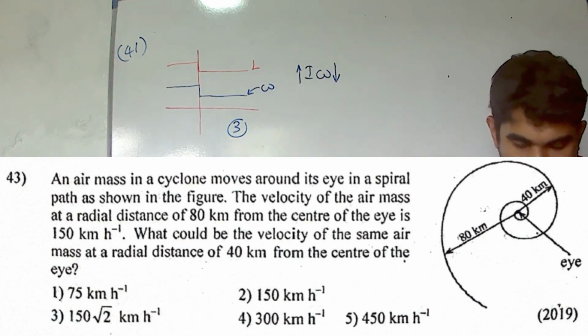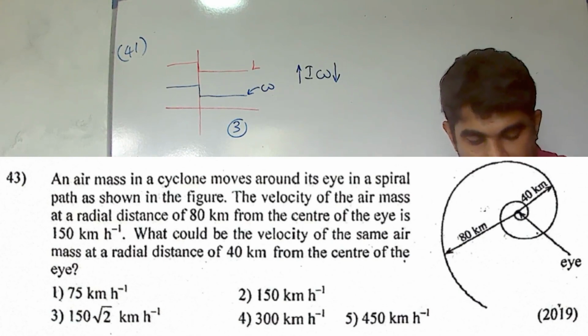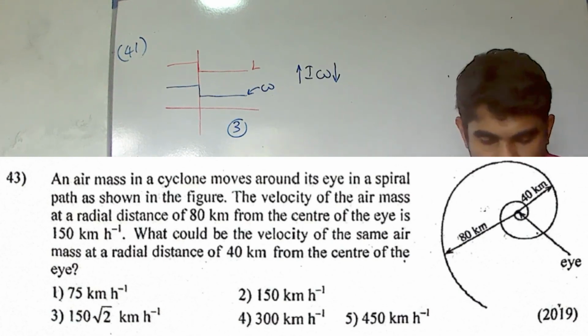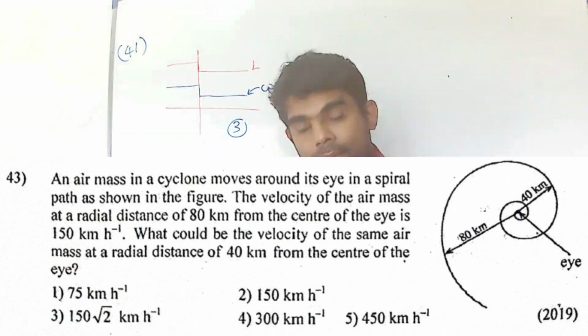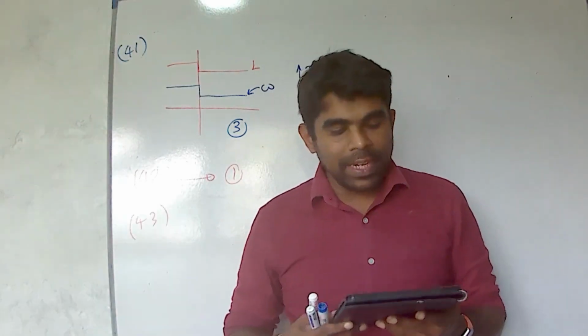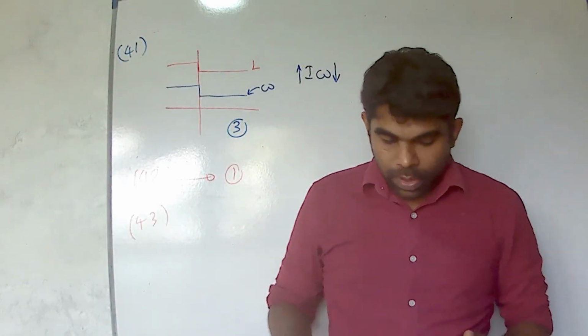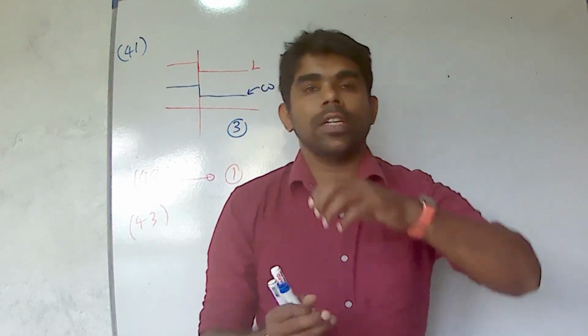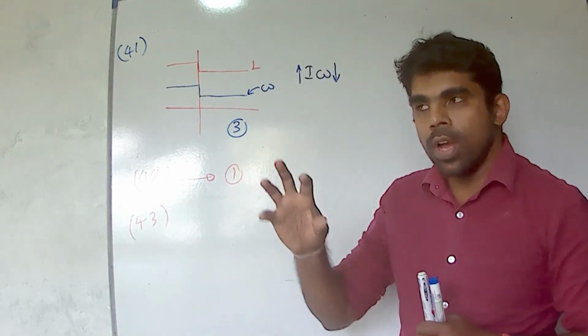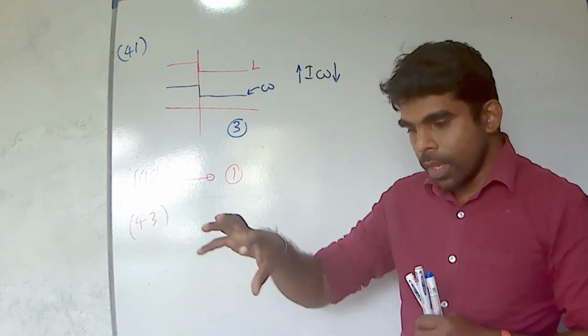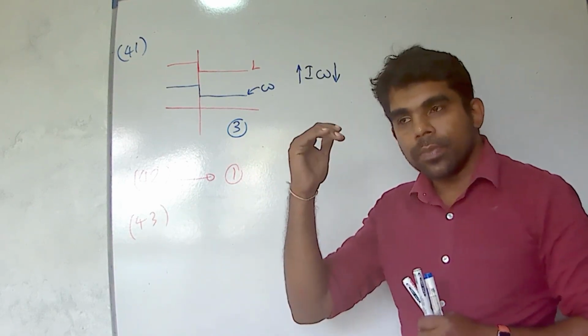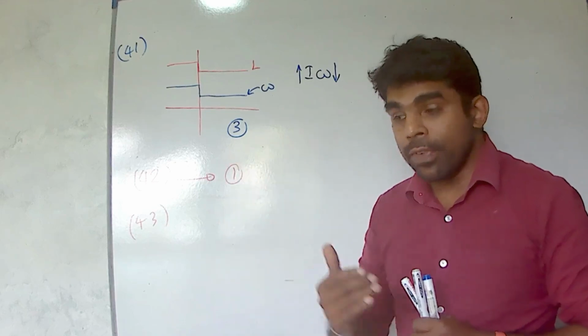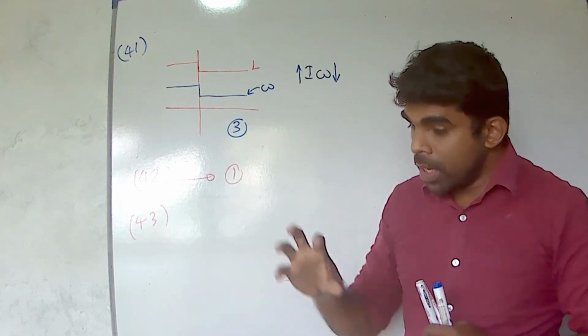What could be the velocity of the same air mass at a radial distance of 40 kilometers from the center of the eye? They have classified this MCQ as a rotational motion MCQ, but it is not. We have to consider circular motion and magnetic fields when solving this problem.